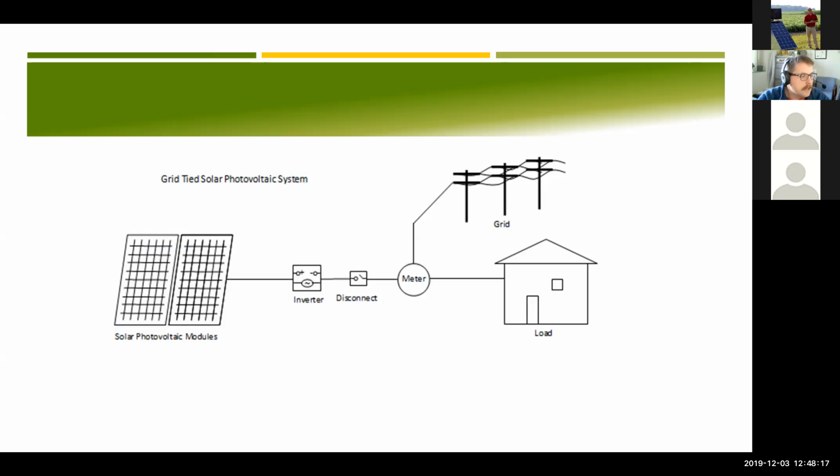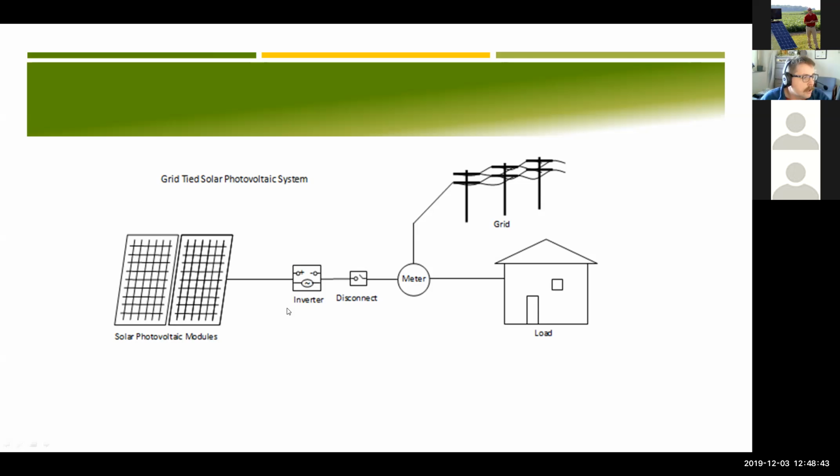And so in this case, we would think about the solar sending electricity, and the electricity could go to the load, to the home, farm, or business. It could go to the grid if the home, farm, or business wasn't using it, or the grid can be used, and all three are happening at any given moment in time. So we can think about where the electricity is flowing. That's generally how they're connected.